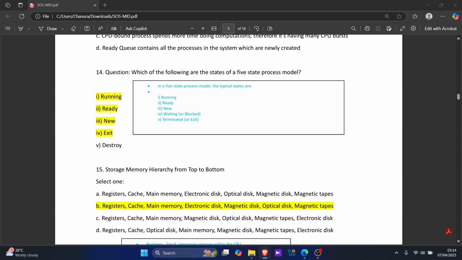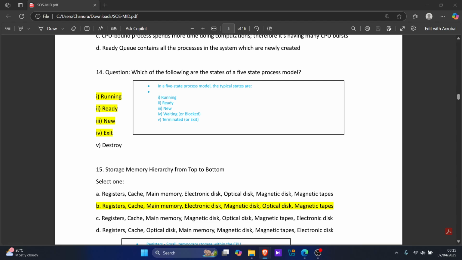Once a process is terminated, it's removed from the system, so destroy might not be a state but an action. Therefore, the correct states would be new, ready, running, blocked, and exit. But the options here don't have blocked, instead, they have destroy. Therefore, the answer depends on whether the question is considering exit and destroy as separate states or not.